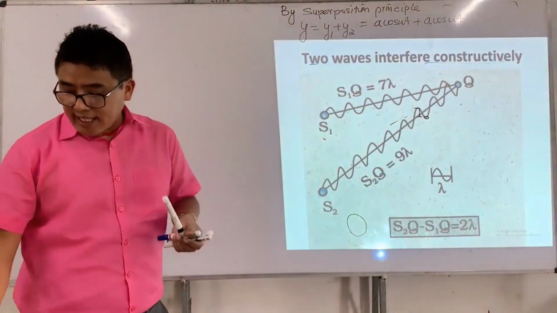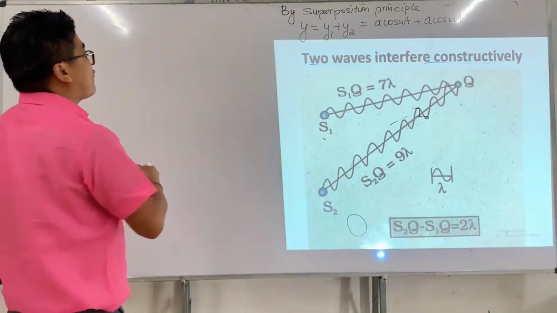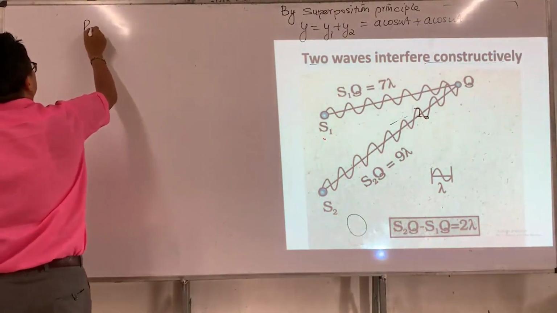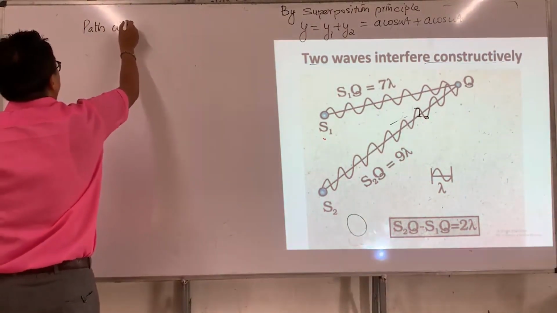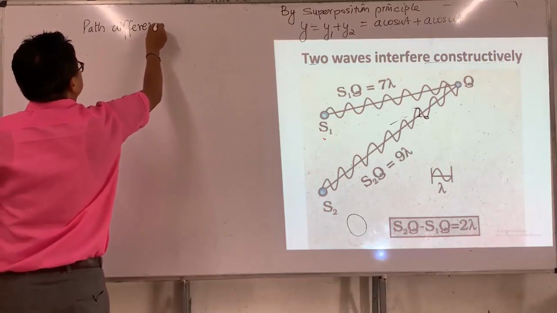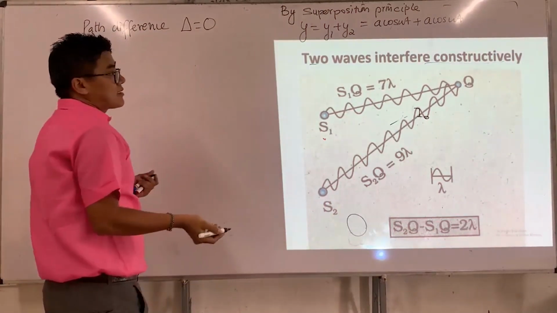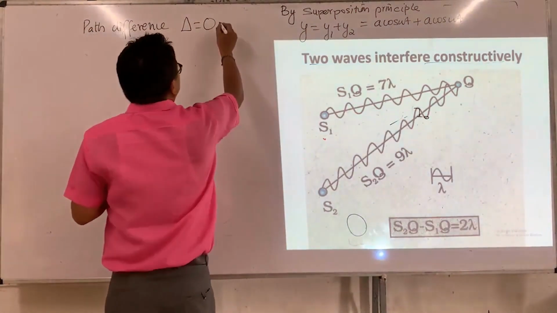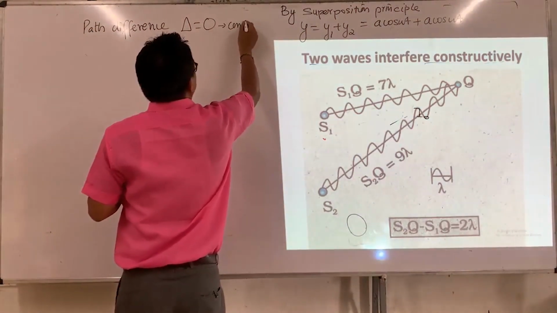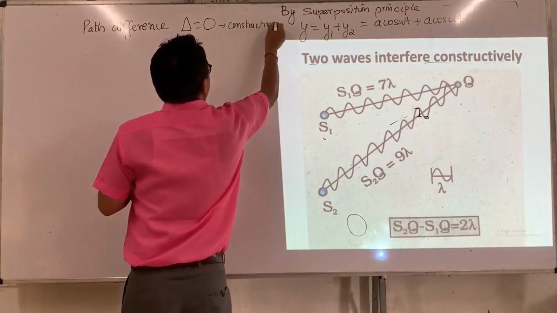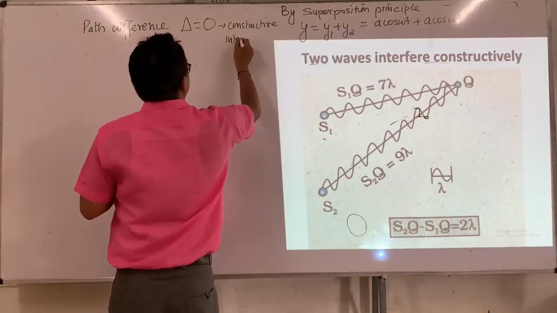Both are the same. So first, path difference. If the path difference is 0, it is constructive interference, right? This is what we call constructive interference.